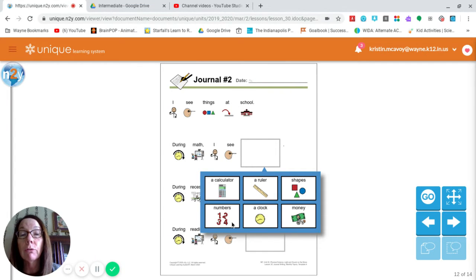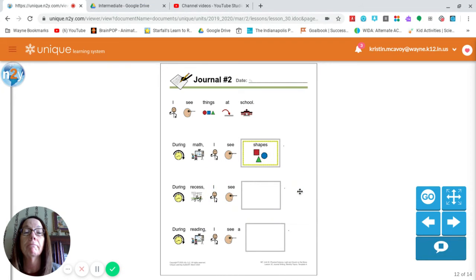So you might want to choose numbers. Sometimes we talk about clocks and telling time, and sometimes we talk about money. So those might be ones that you want to choose. And occasionally we use a calculator, not very often, but sometimes we do. So you can decide what you want to fill in the blank with during math. That's up to you. I think I'm going to choose during math, shapes.